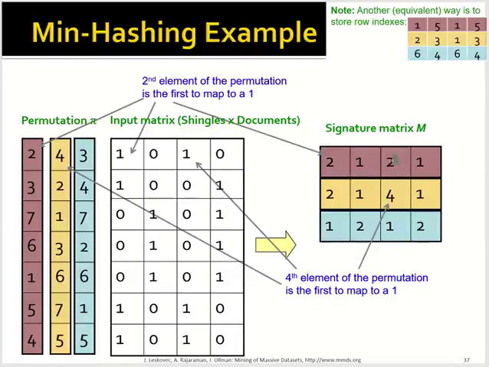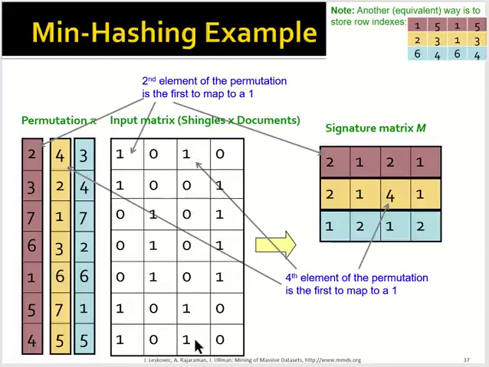As to this column, all the ones happen at 2, 5, 4. So the minimum number is 2. That's where the 2 comes from. If we go to see the 4 here, it goes to the third column, which is 1, 1, 1.